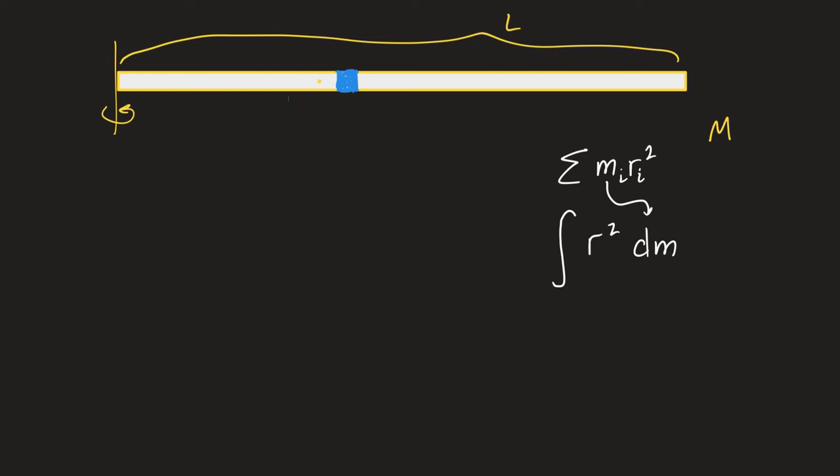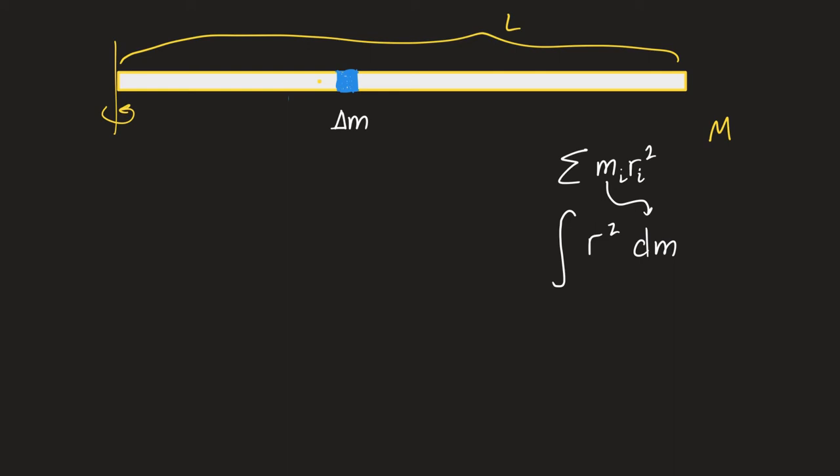Now, the introduction of d is not introducing a new variable. The d here is a calculus construct. It actually means piece of mass. It's the calculus version of delta. And it's there to remind us that this is a very small piece of the mass.